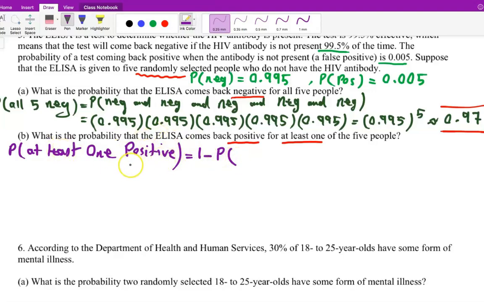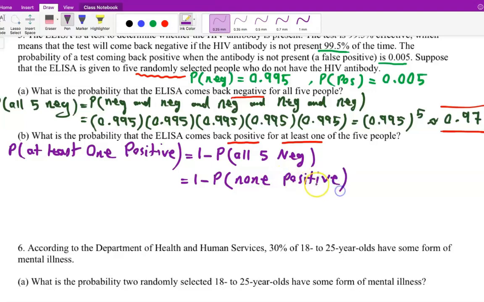So here we have positive. Here on this part I have negative, all of them. So probability of all 5 negative. Or in other words, what that means here is 1 minus the probability of none positive. See, none positive is exactly the same as having all 5 negative.